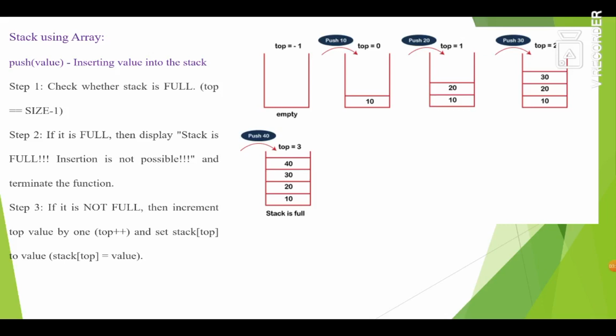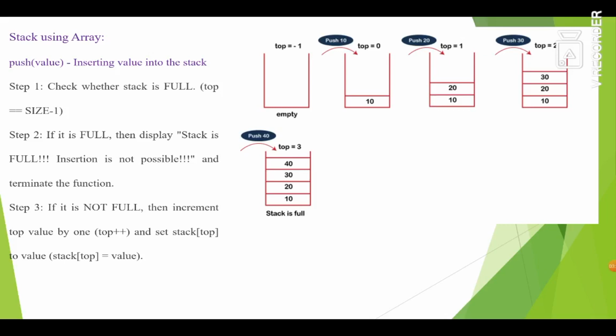How can we check for a full stack? You can use the top pointer and the array size or the stack size. If top is equal to size minus 1, it indicates that it is a full stack. Why have we given it like that? Size minus 1, because the index starts from 0.